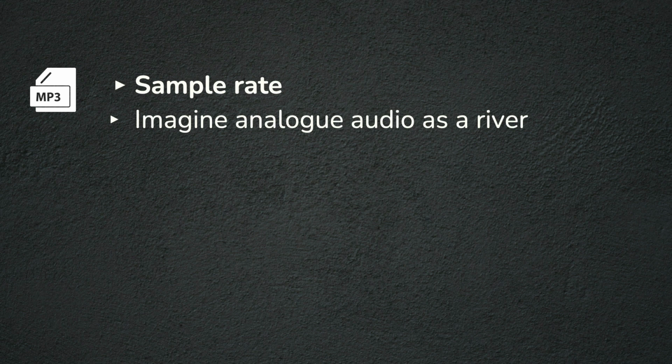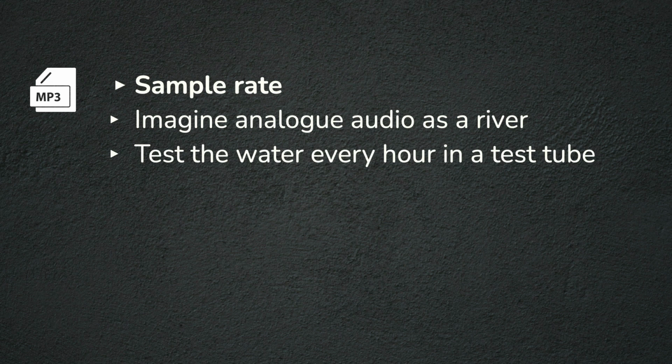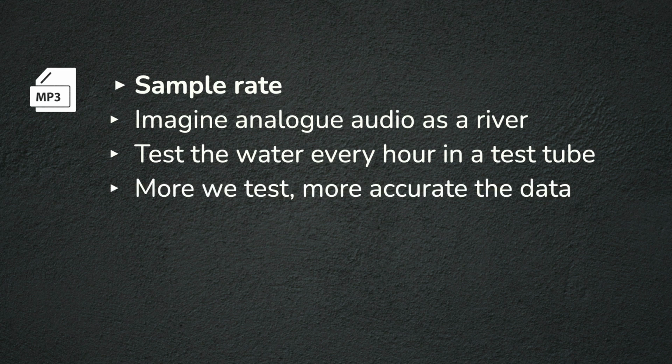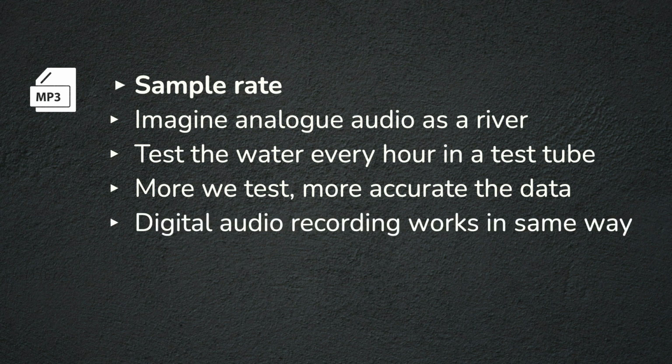Think of a river or a stream, and we're going to test the water in that stream every hour in a test tube. So we're going to dip our test tube in, and check the pH balance or whatever of that water. The more we test, the more accurate the data that we get about the pH balance of that water. Digital audio recording works in the same way.